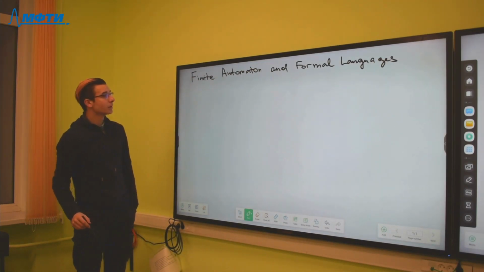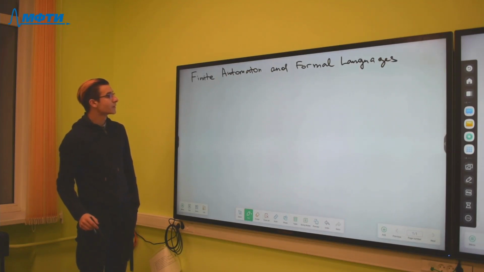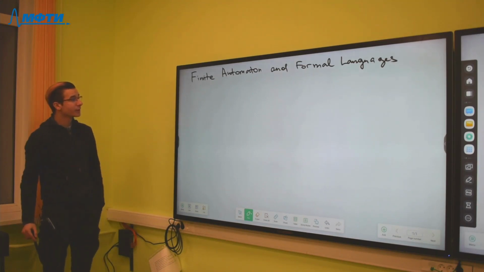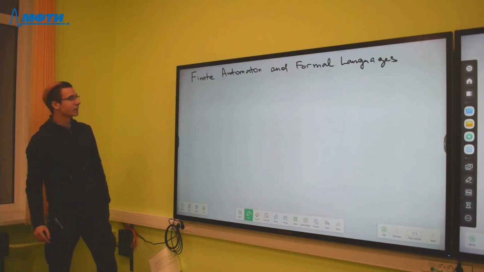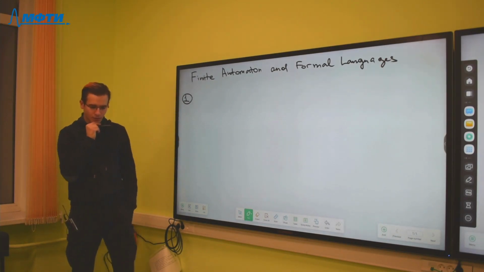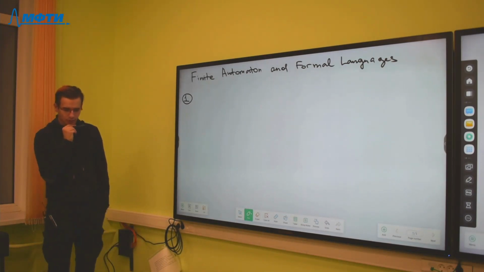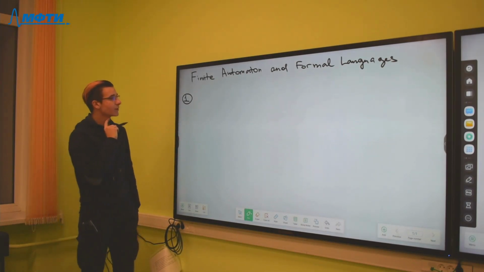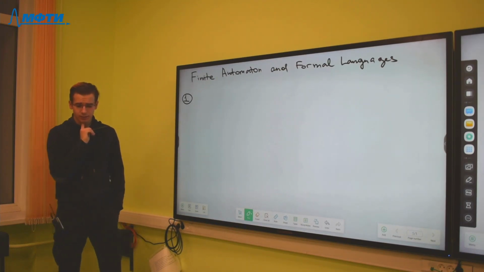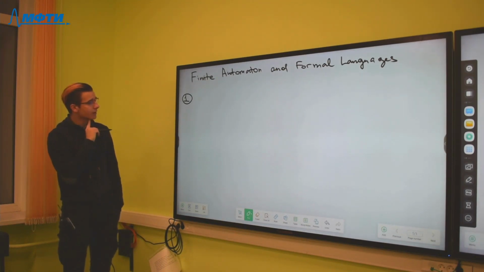It is the next topic from the previous lecture. We talked about deterministic finite automaton and the Knuth-Morris-Pratt algorithm, and we finished with the pumping lemma, but I didn't talk about the formal definition of the deterministic and non-deterministic finite automaton, and now we start with it.